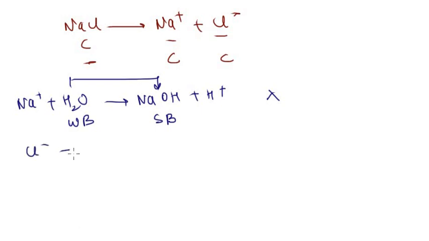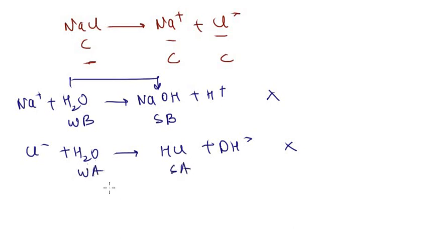Similarly, when we react Cl negative with H2O, it would form HCl plus OH negative. That would be going from weak acid to strong acid, and it won't happen. For a reaction to happen, it should always go from the strong part to the weak part: strong acid to weak acid, strong base to weak base, but a weak base cannot go to a strong base.